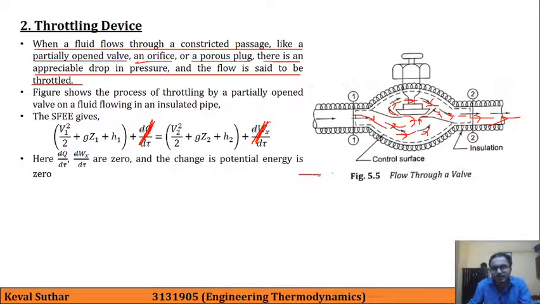If we take some datum line like this, and this is our center line, then the height is Z1 here and here it is Z2. If you see, both are at the same height, so gZ1 will be equal to gZ2.